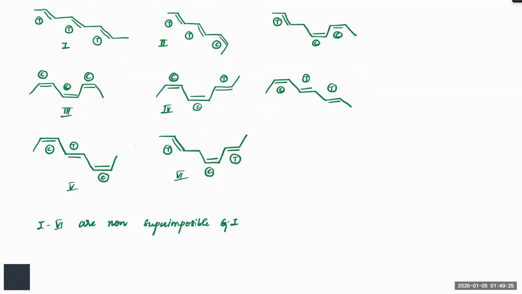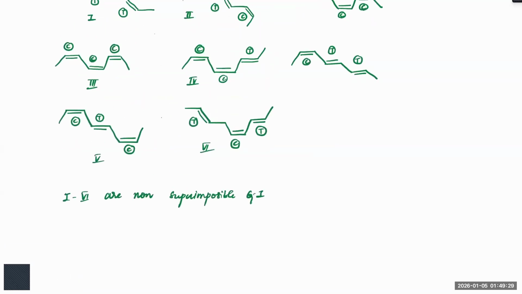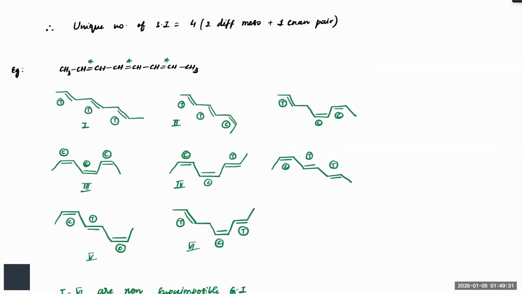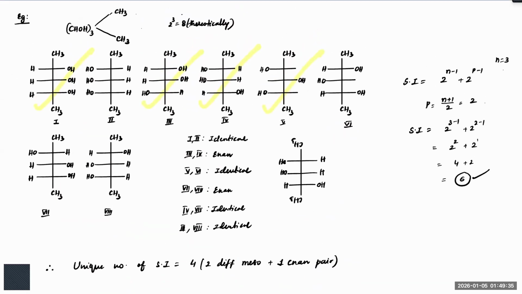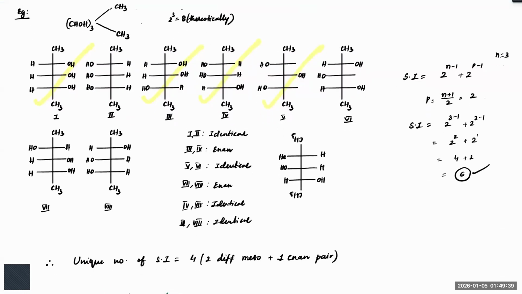Got it? Formula wise also you will get 6 only. So that formula is thoroughly applicable in the case of geometrical isomers, but not in the case of optical isomers. Clear?